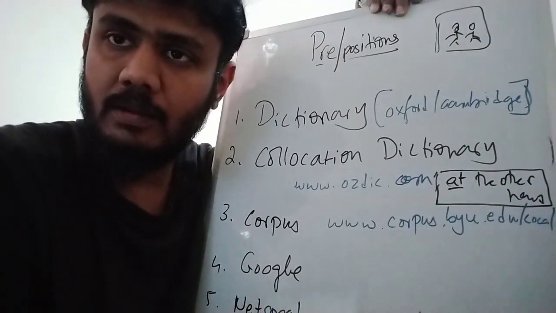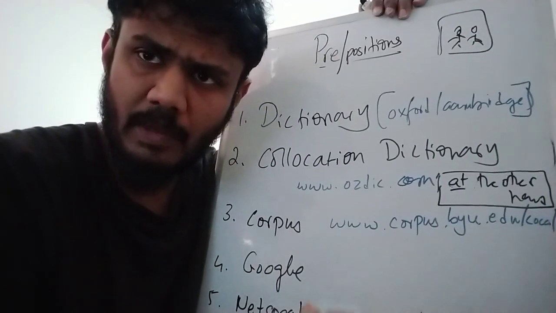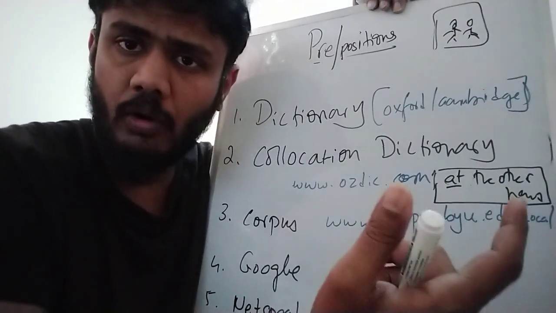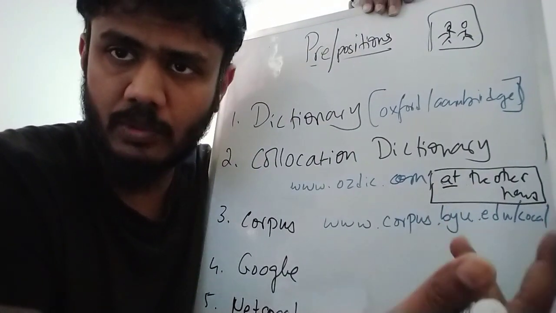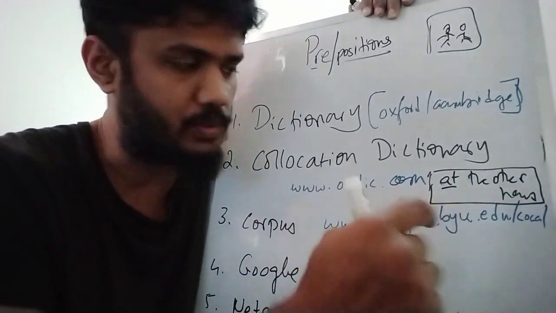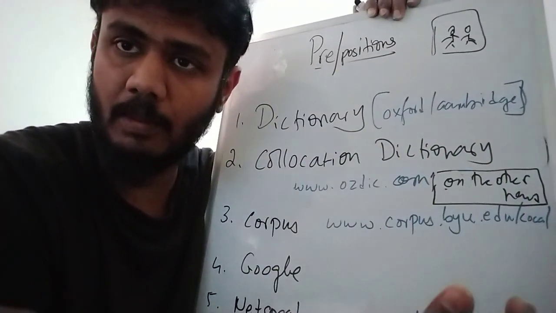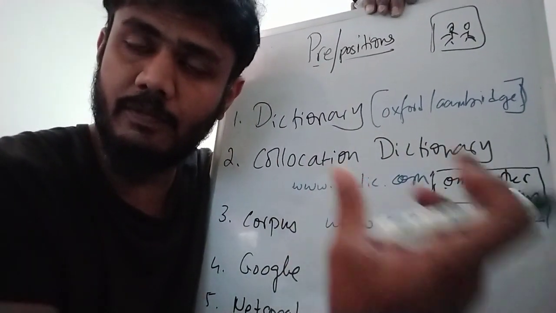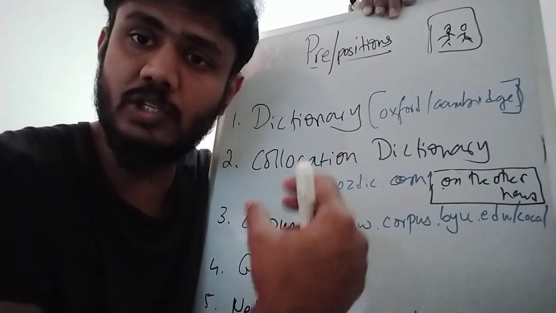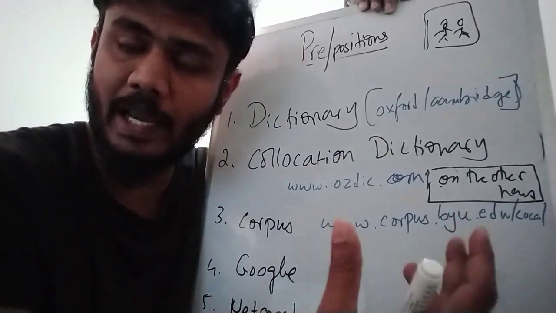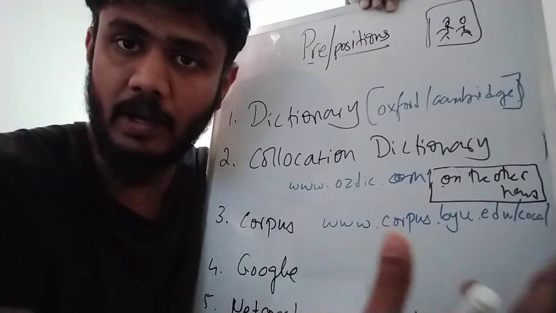You'll find that maybe it's hardly ever found, or people have used it 2 or 3 times, which means it's not very frequently used. But if you type on the other hand, you'll find thousands of results. So that is one way of finding out which combination is more likely to be used in academic writing and which one is preferred.